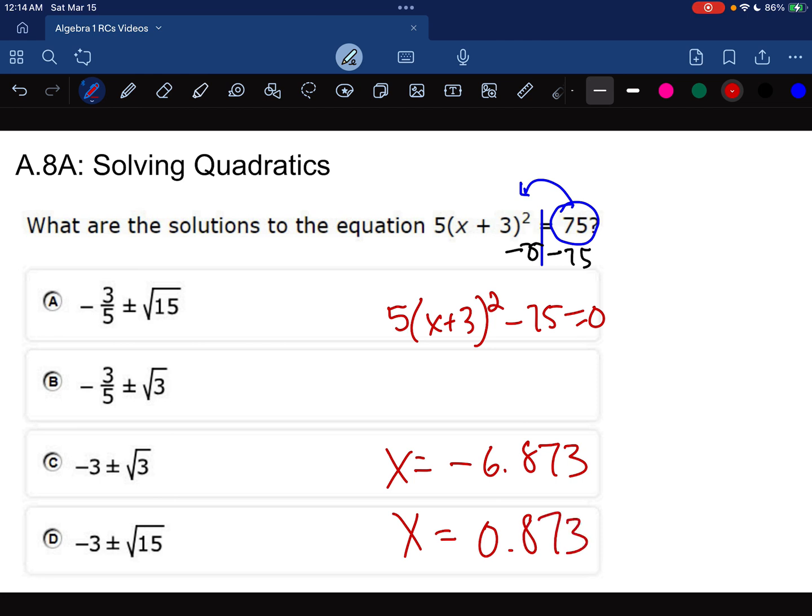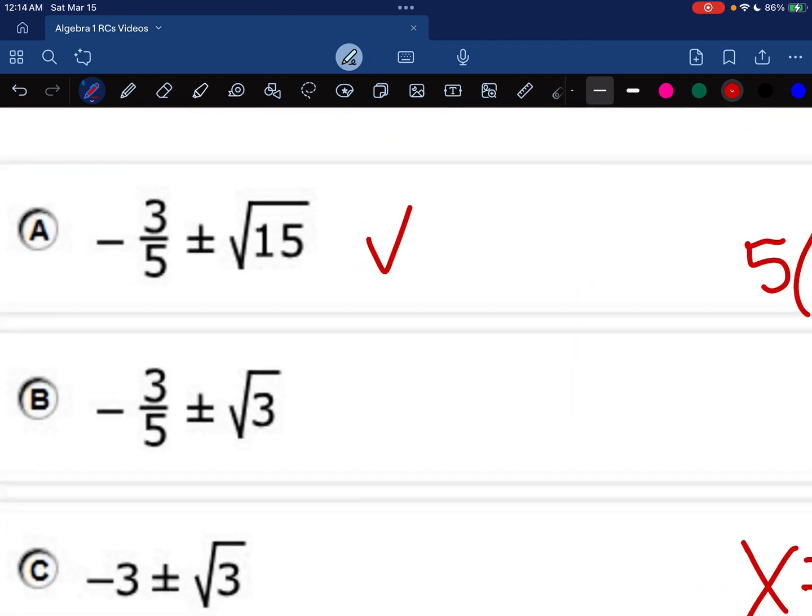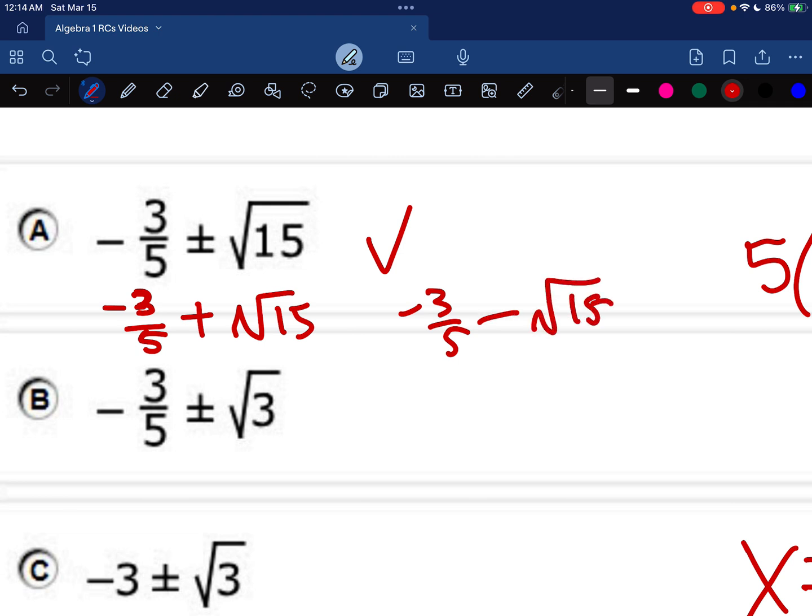All right, so let's first start with this one. So here, this just means that it's negative 3 over 5 plus square root of 15 and negative 3 over 5 minus square root of 15.